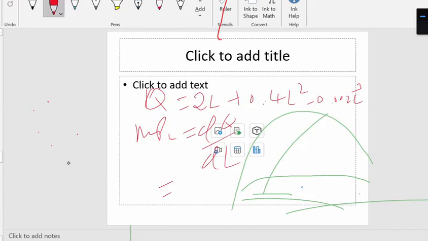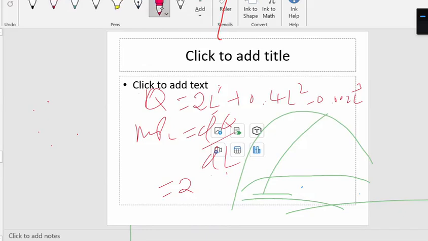The 2 will remain. Then up here there is a power of 1. We don't write the 1 here. So L to the power 1 minus 1, any number minus itself is 0. Any number to the power 0 is 1. So 1 times 2, we are left with just 2.